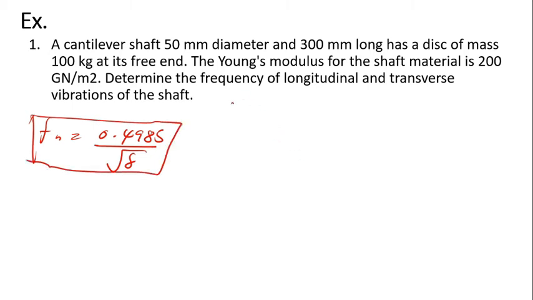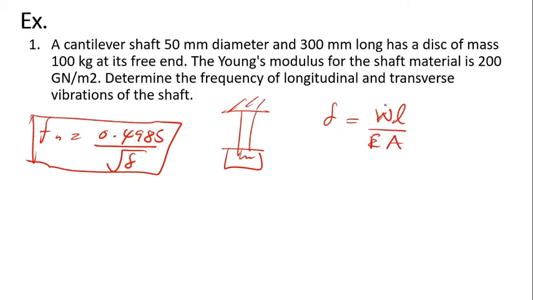So for the longitudinal case, delta is equal to WL over EA. Here W is the force, L is the length, E is the Young's modulus, and A is the area of the cross-section.